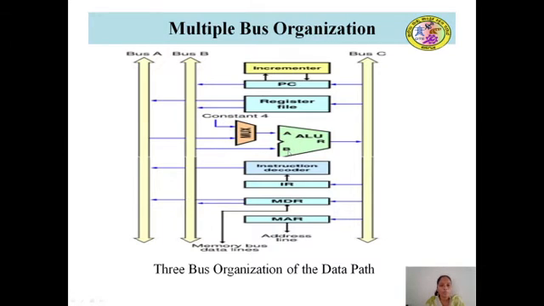Then the ALU performs the respective operation and the result is stored in R. Through that R, the output of the ALU is transmitted to the destination using bus C. That is, the content of the ALU is transferred through bus C.